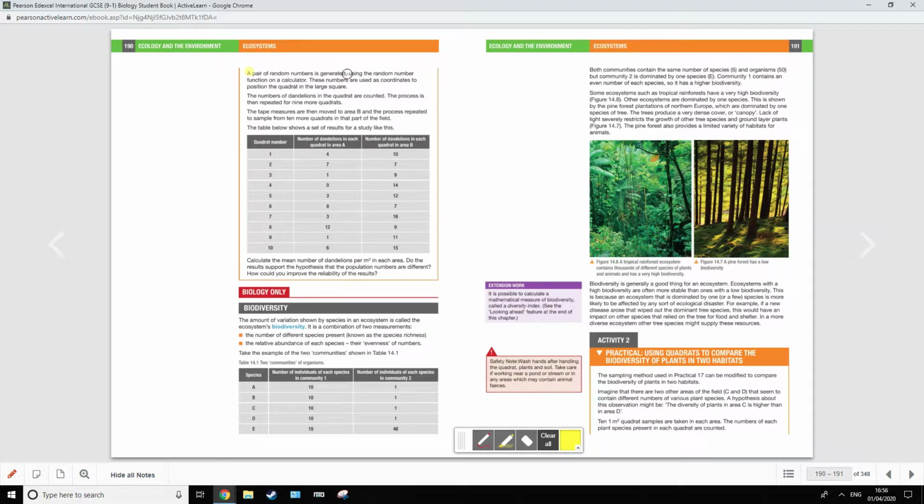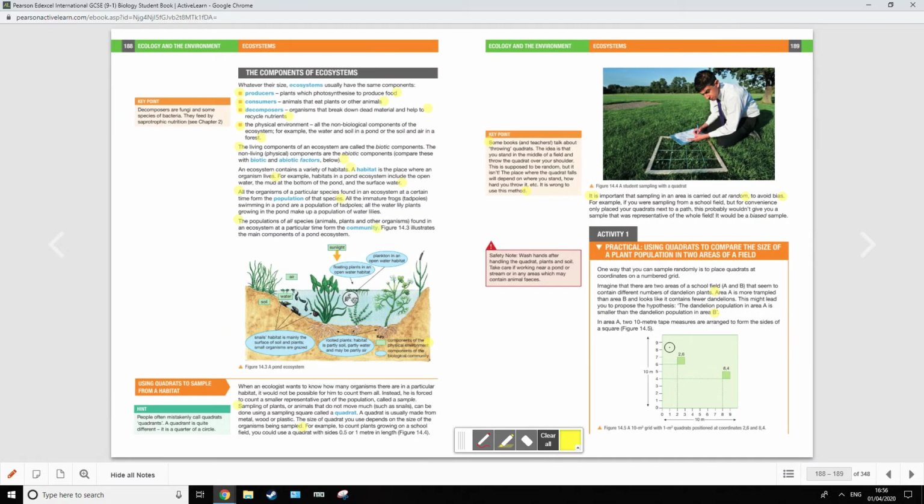So this is important. You actually divide your area into coordinates, okay? So for example, you have an area, you divide it into 1 meter squares, depending on how big your quadrat is. If it's 1 meter square, then you divide your area into 1 meter square coordinates, cells, so to say. Then on the left you have numbers.